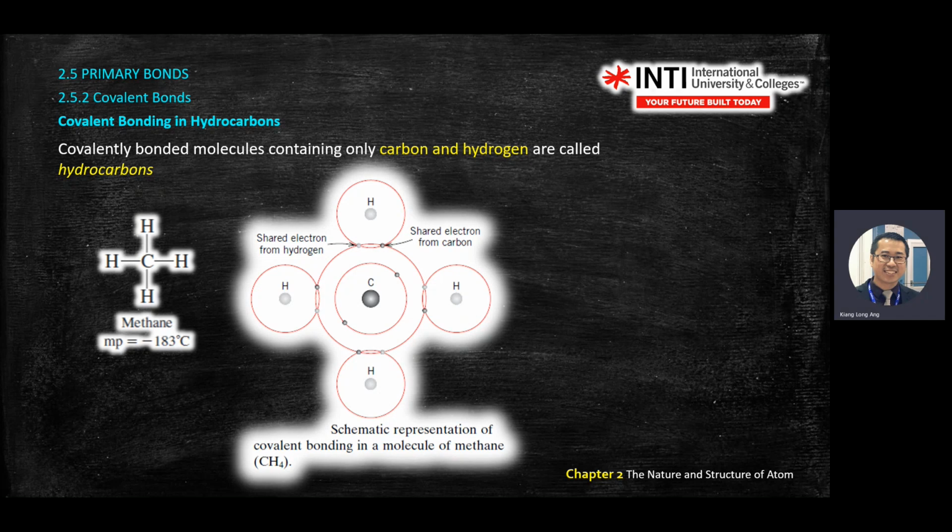So we share one electron outside, and it will form one line. This is a single bond. Carbon normally has 4 lines. Sometimes you will see 2 lines and 2 lines, but the total lines around carbon will be 4. Okay.